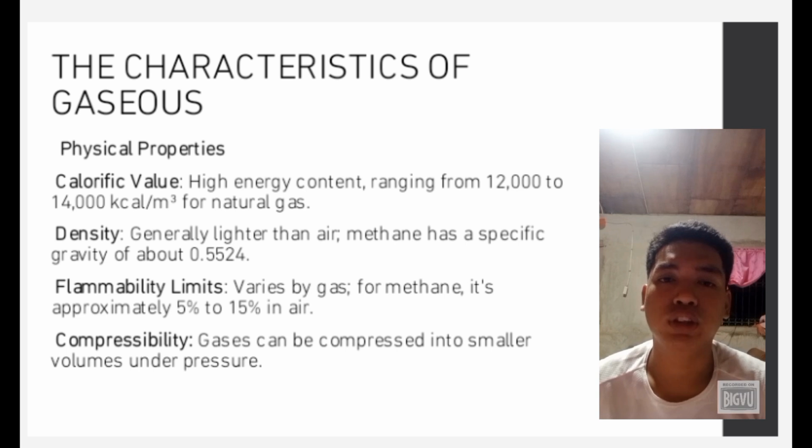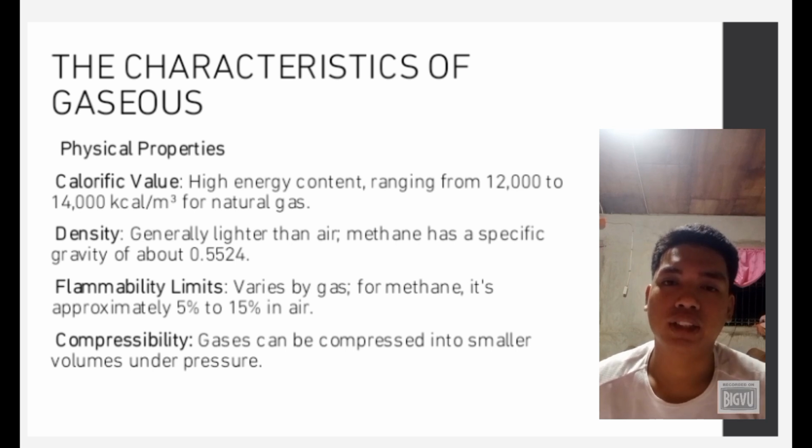Calorific value: high energy content, ranging from 12,000 to 14,000 kilocalories per cubic meter for natural gas. Next, density: generally lighter than air. Methane has a specific gravity of about 0.5524.